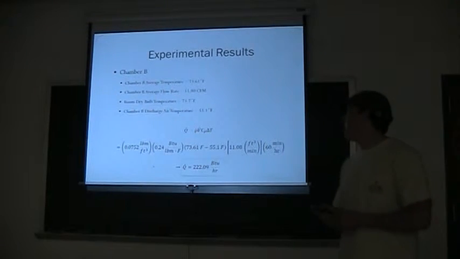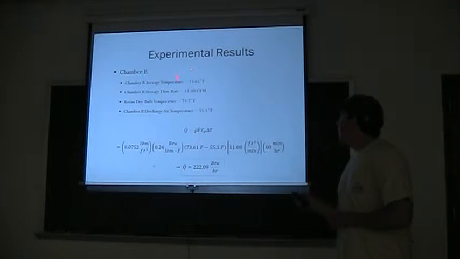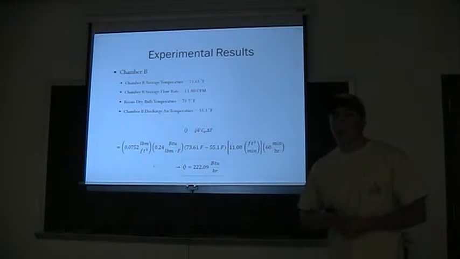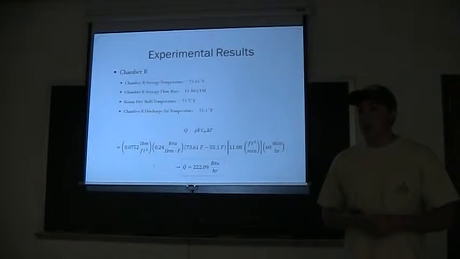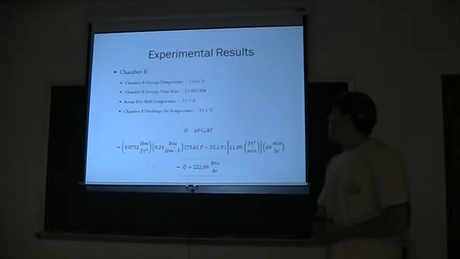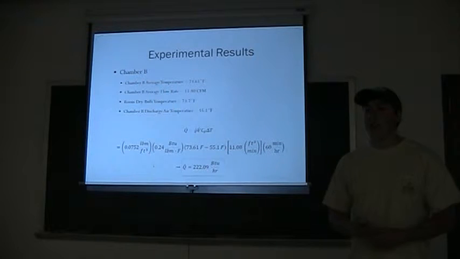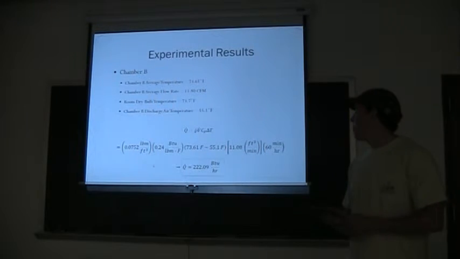With the experimental results, we note that chamber B had a lower volumetric flow rate than chamber A, and calculating with the average temperature minus the discharge temperature, we see that the heat rate was 222.09 BTUs per hour. So that jibes with what we got from the expected results, the pre-experimental results.